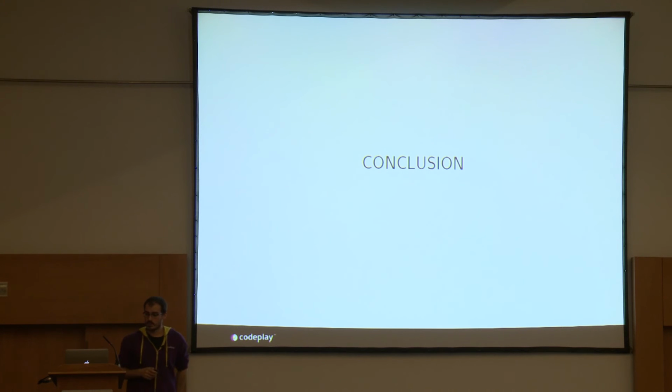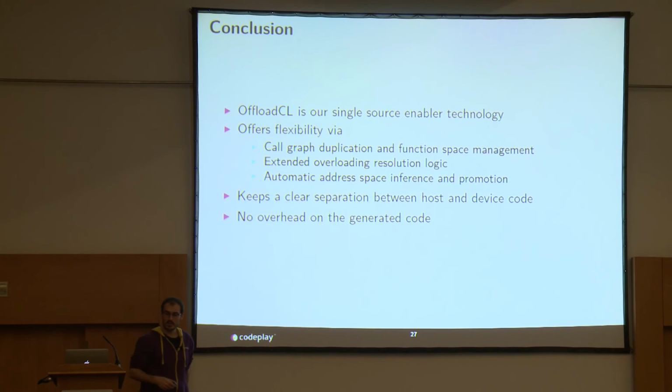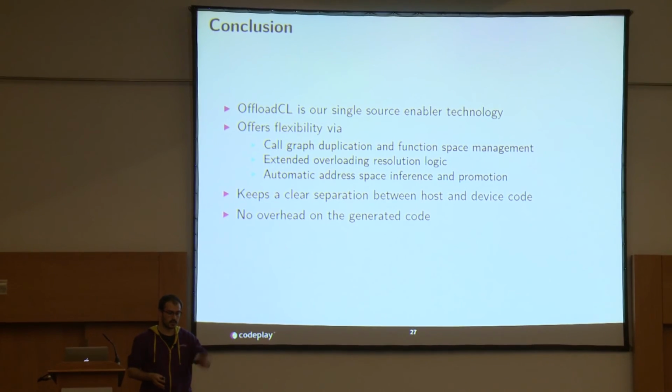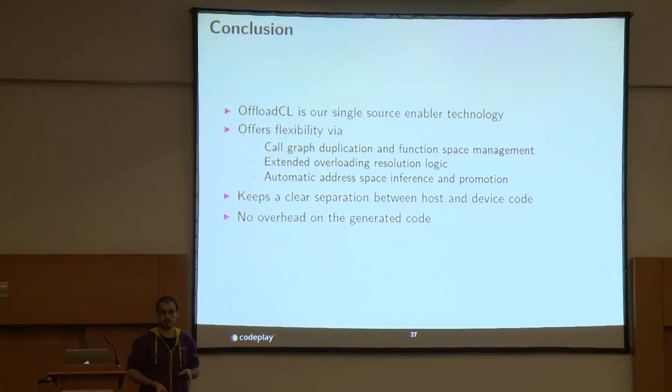Okay, just a few conclusions. All this core technology is a single source enabler technology for us. It offers a great level of flexibility through the call graph duplication that we manage, deriving the host function parts and device function parts in space 1, in space 2, and whatever.